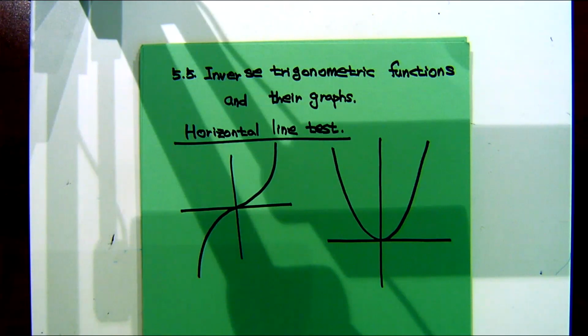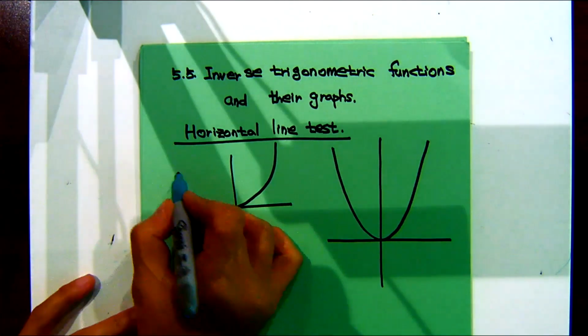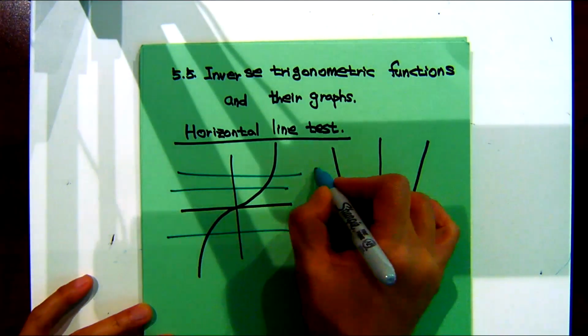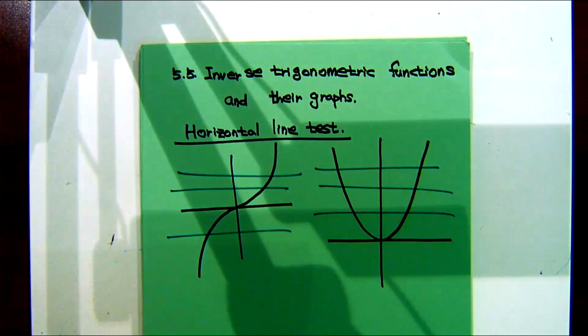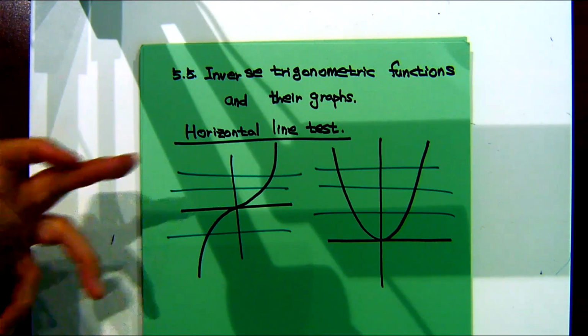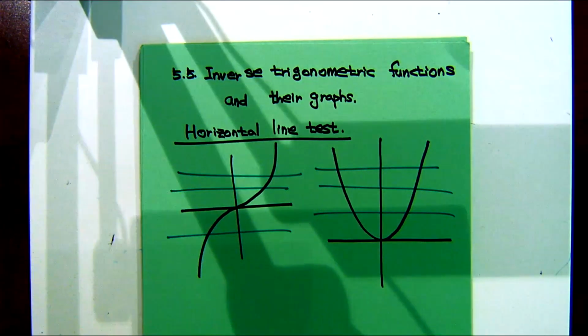Horizontal line test tells us that when you draw the random horizontal line like this, wherever that is, the function is one-to-one if the horizontal line hits the graph at most one point.